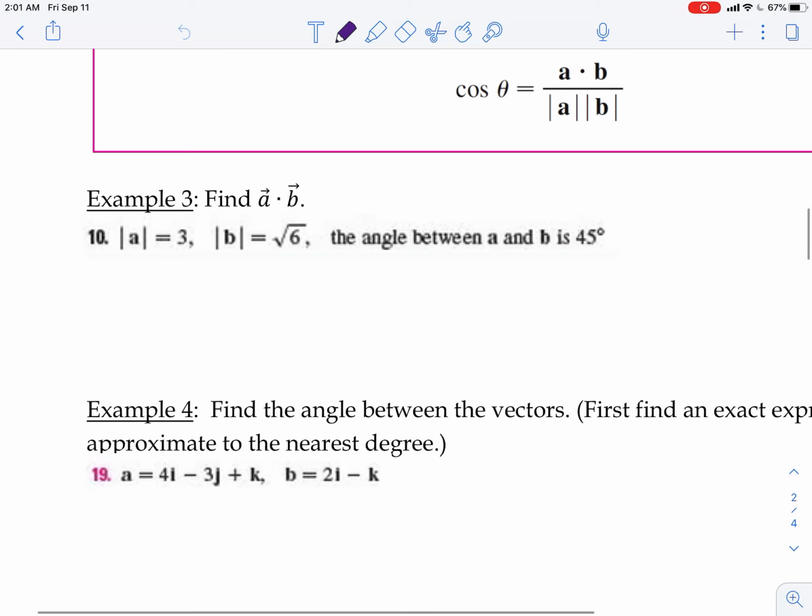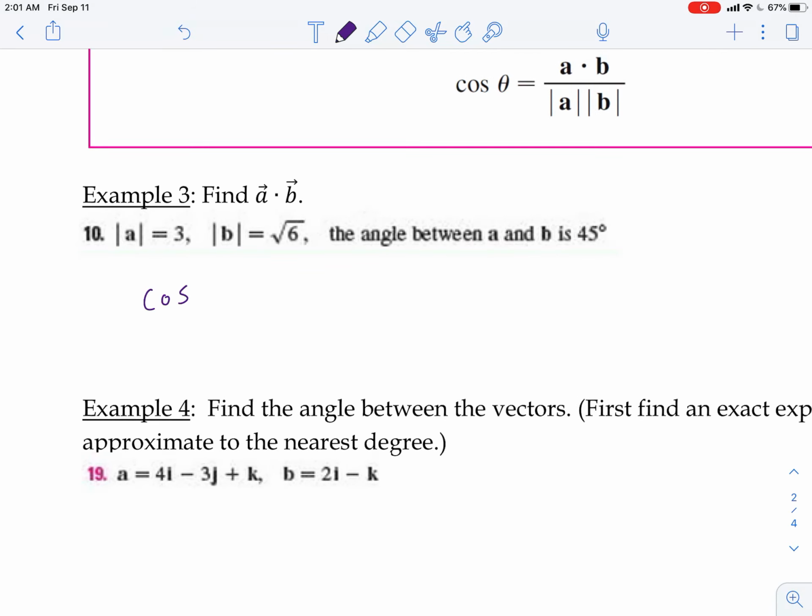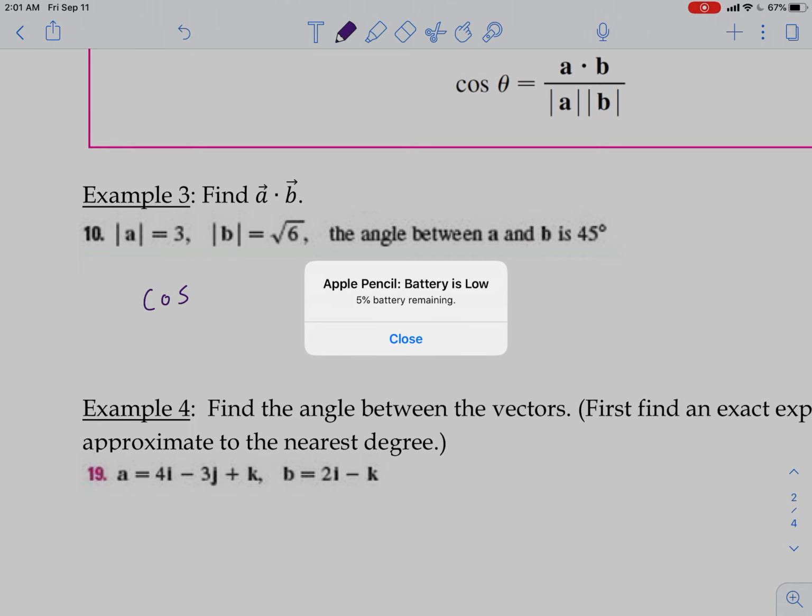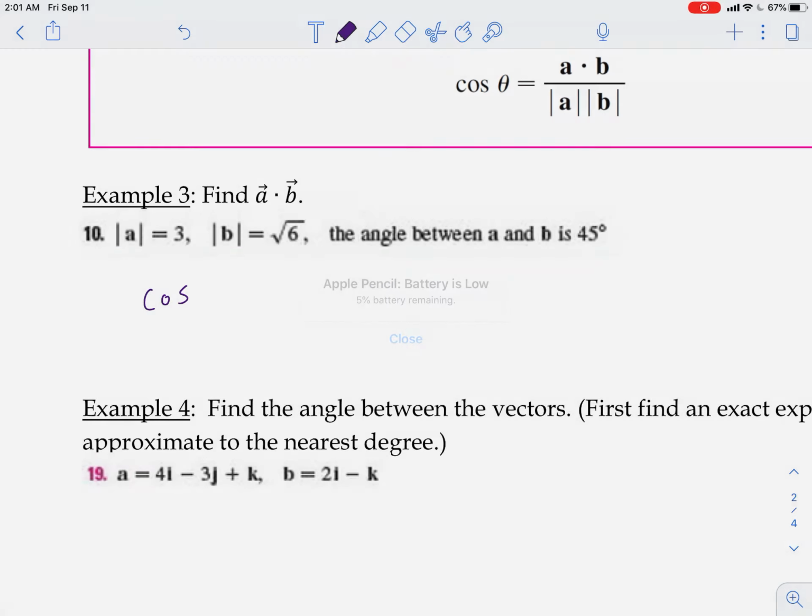So we're going to have cosine 45 degrees, because that's our theta, and we're going to set that equal to A dot B, which is what we're looking for, divided by the magnitudes, which are going to be 3 and square root of 6.